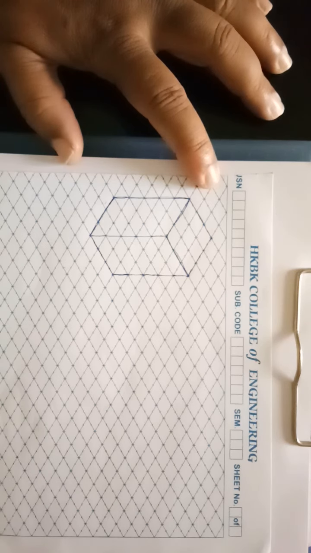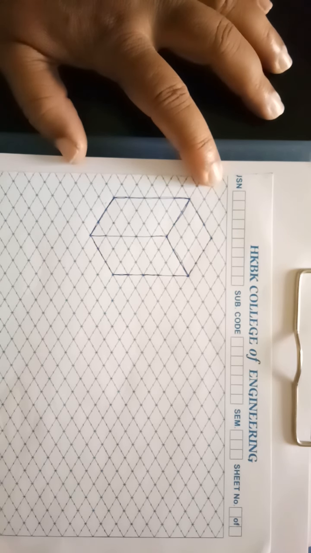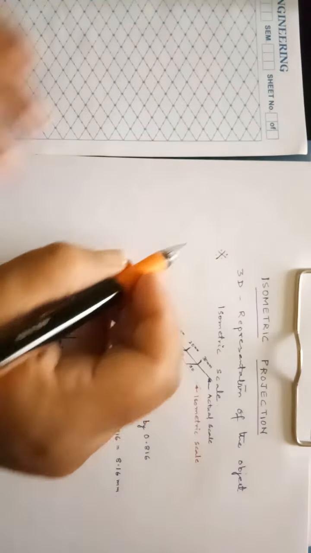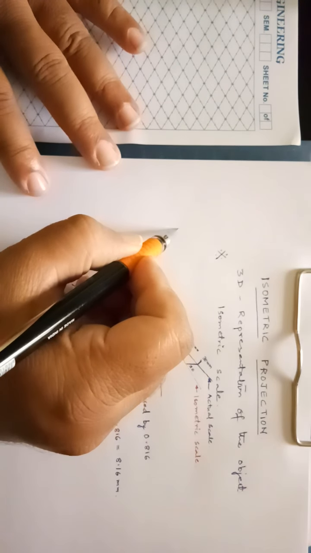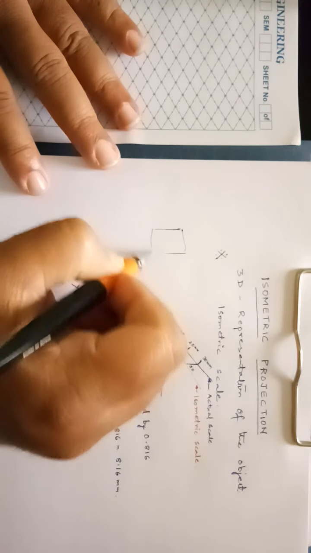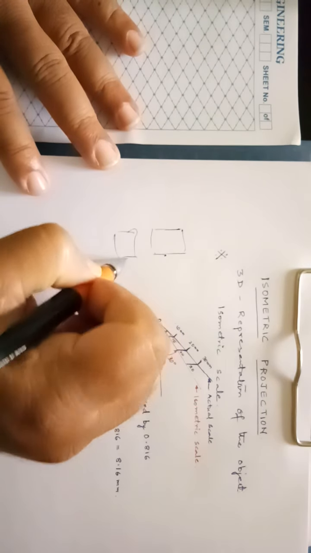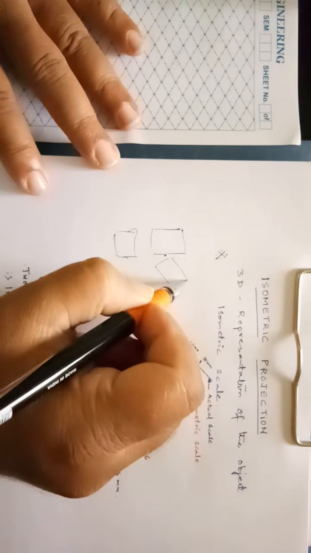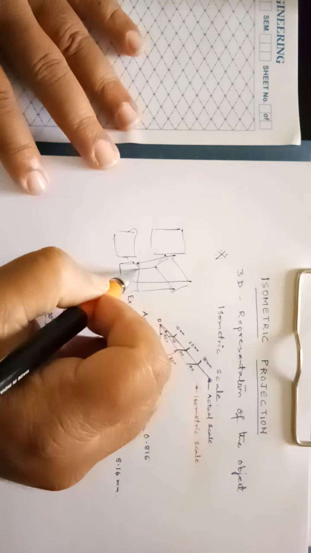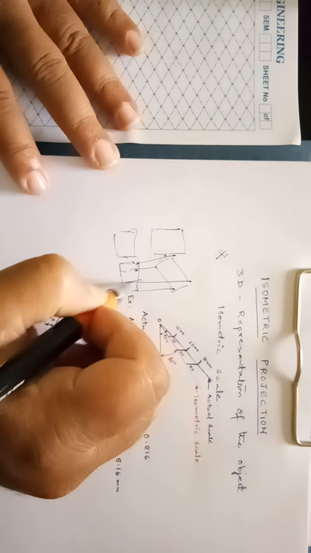Okay, and one more concept which you have to understand is, in isometric projection the hidden lines or the hidden edges will not be shown. Whereas in orthographic projection, suppose you draw the prism in orthographic projection, like this, as I said, here there will be hidden lines and visible lines.